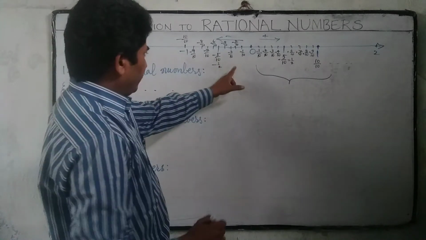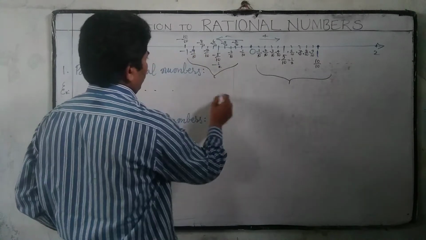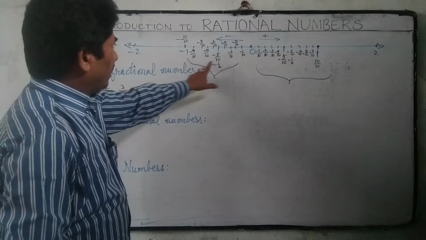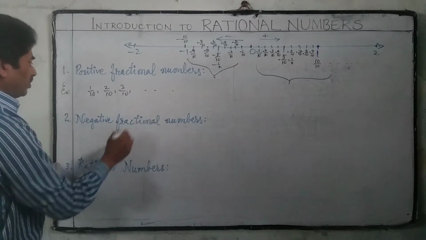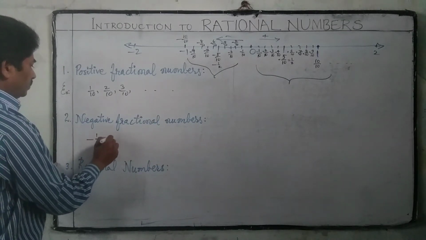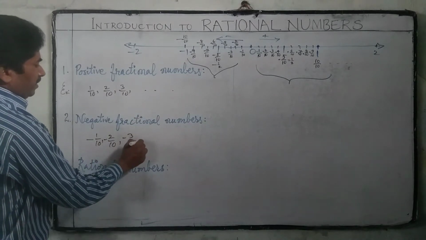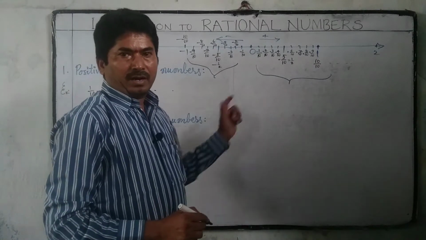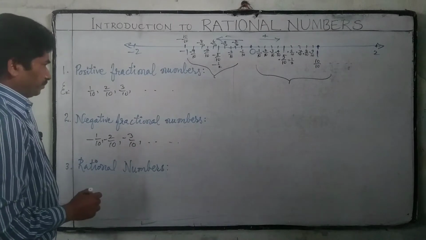On left hand side we observe these all have negative sign. So these are called negative fractional numbers: minus 1 by 10, minus 2 by 10, minus 3 by 10 and so on. These are all negative fractional numbers.